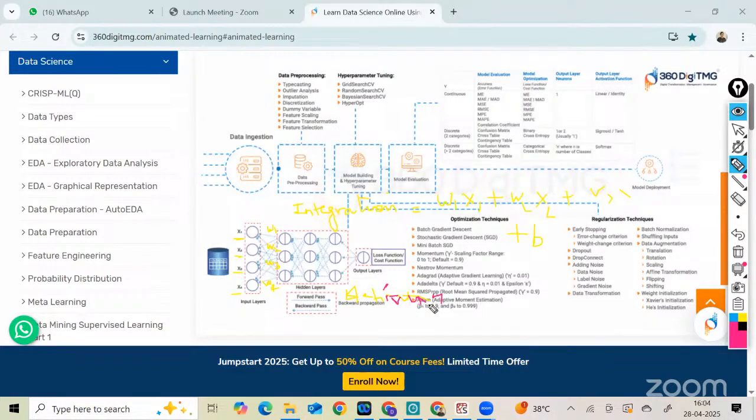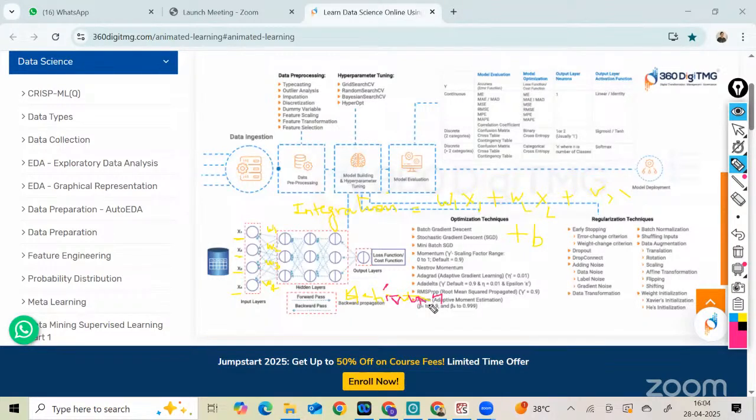Then we will find out the error calculation. Now this error calculation, or loss function or cost function, we want to be lesser. So for that, we will again backpropagate, do a backward pass, and apply optimization techniques, like mini batch gradient descent. Likewise, we have to do it iteratively.